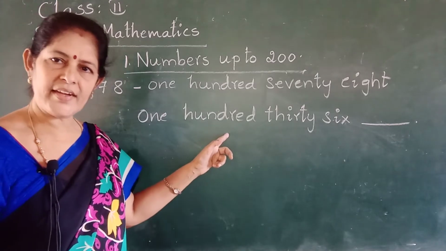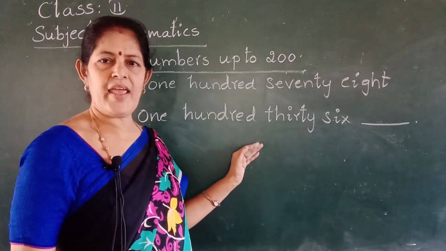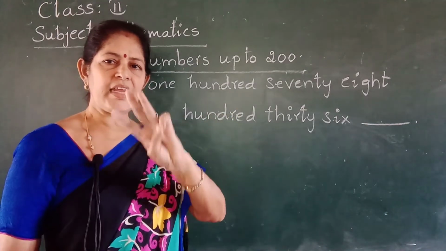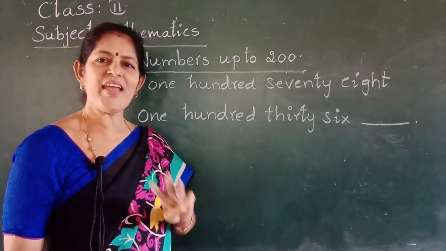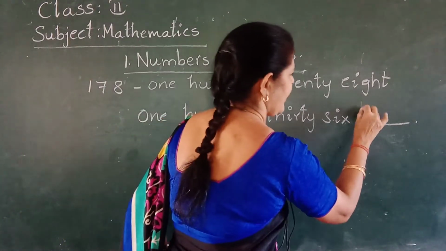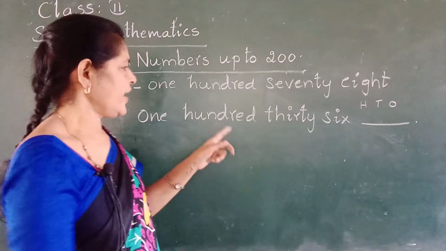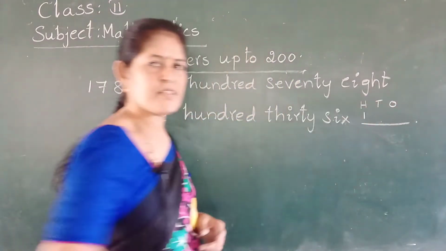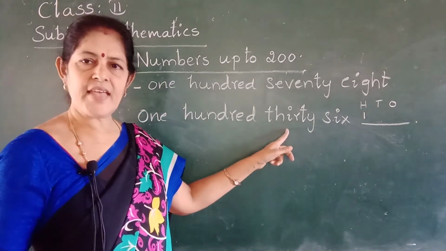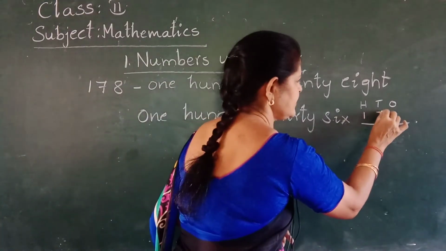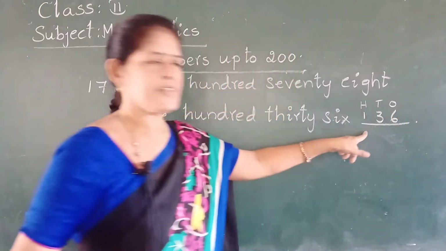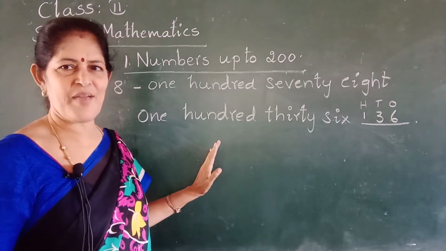Start with 100 means the given number name belongs to a 3 digit number. Then we keep 3 places: hundreds, tens, ones. Okay. Now 100: 1 write in the hundreds place. 36: 30, 3 tens, 6 ones. This is the numeral of the given number name. Next one.